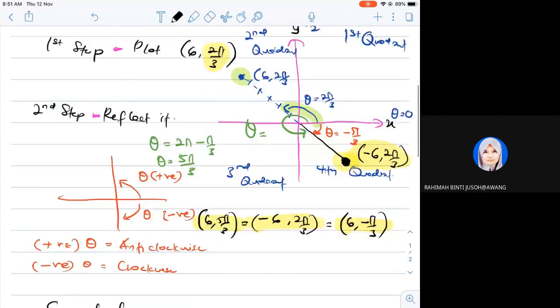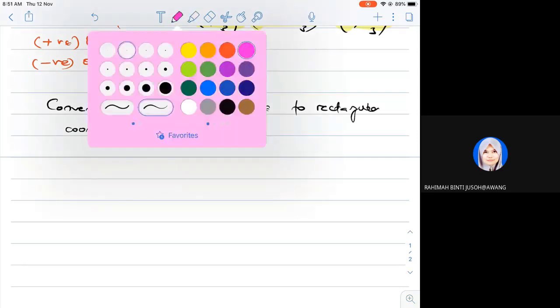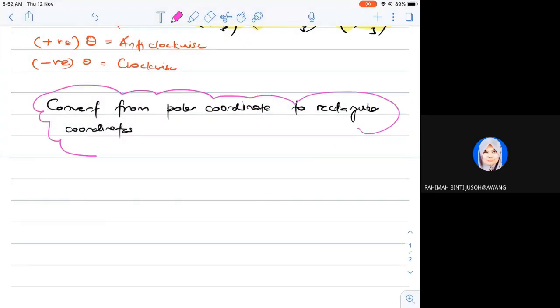Okay, so next we want to convert from polar coordinates to rectangular coordinates. We have two formulas, right? Polar coordinates, we have r and theta.